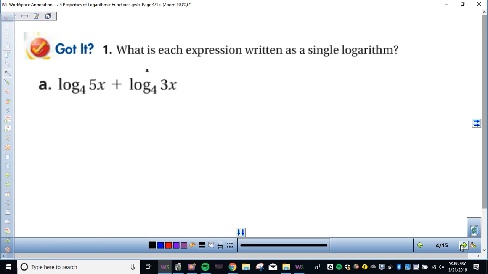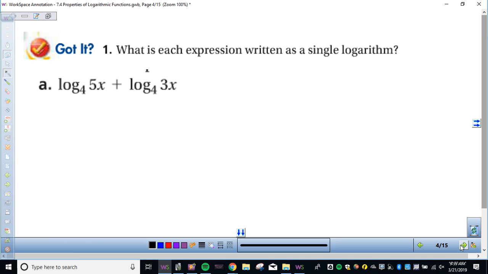Can you show tens in your board? Good job. Multiply. 5x times 3x. Good job. So, Sam, it looks like your x is an exponent. It's got to be the same level. What's x times x, Mitch? Good. You just take that plus out and move that 15x squared next to the base, and then you're good. And can you show TC your board out? You're good. So 15, what's x times x?